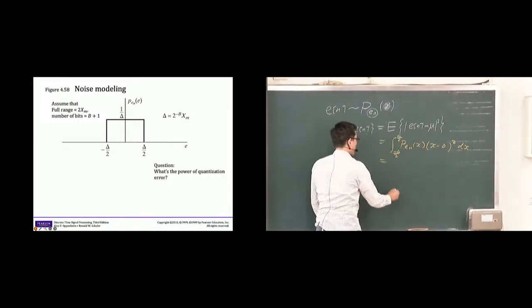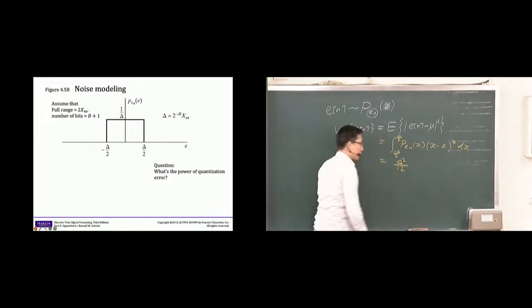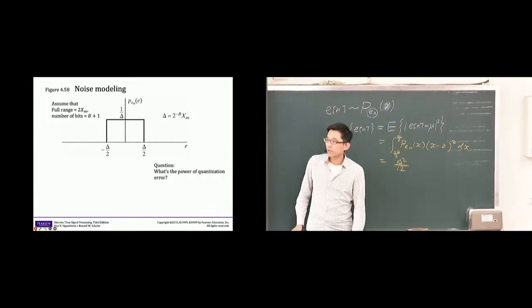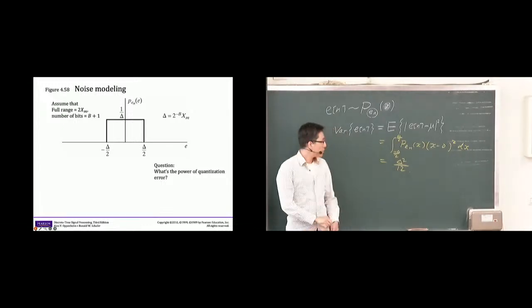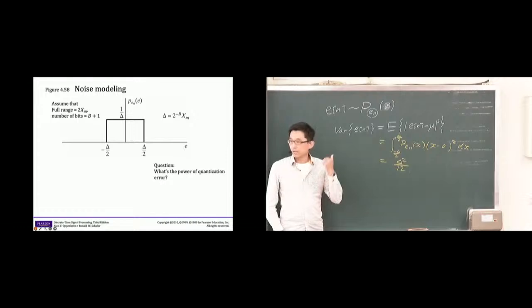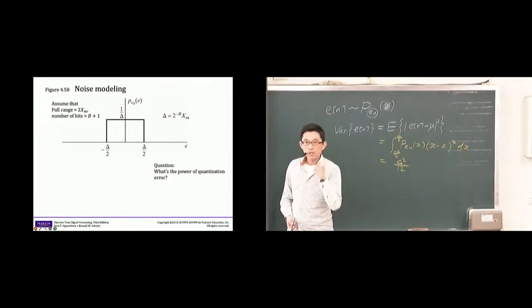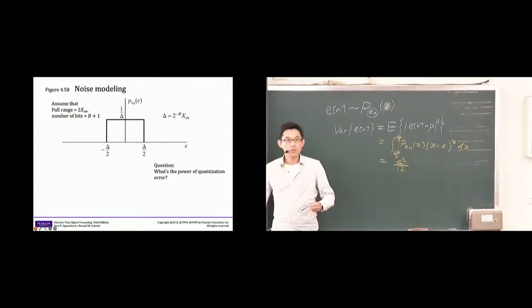You'll be able to show that the result is delta squared divided by 12, where delta is our quantization step size. It's a rather straightforward derivation, which I'm not going to show here; please verify it yourself if you're interested.